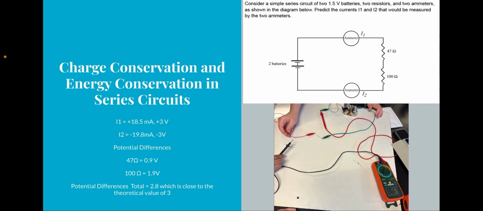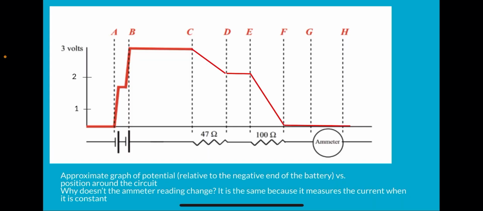After we calculated those two values, we looked for the potential differences at the 47 ohms, and we got 0.9 volts. Then at the 100 ohms, we had 1.9 volts. And then the potential differences total was 2.8, which is very close to the theoretical value of 3. So this indicated that we were pretty close, so we're right on it. And then here was our graph that we created.